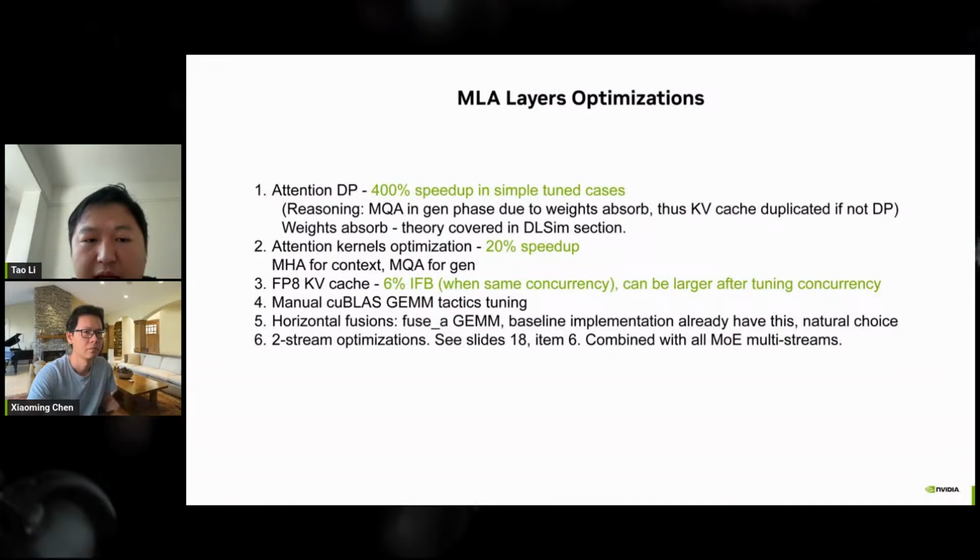The reasoning is that for the MQA in the generation phase, due to the weight absorb we introduced before, if we do not do the attention data parallel, the KV cache will be fully duplicated between GPUs, so that will badly impact the max batch size we can reach.